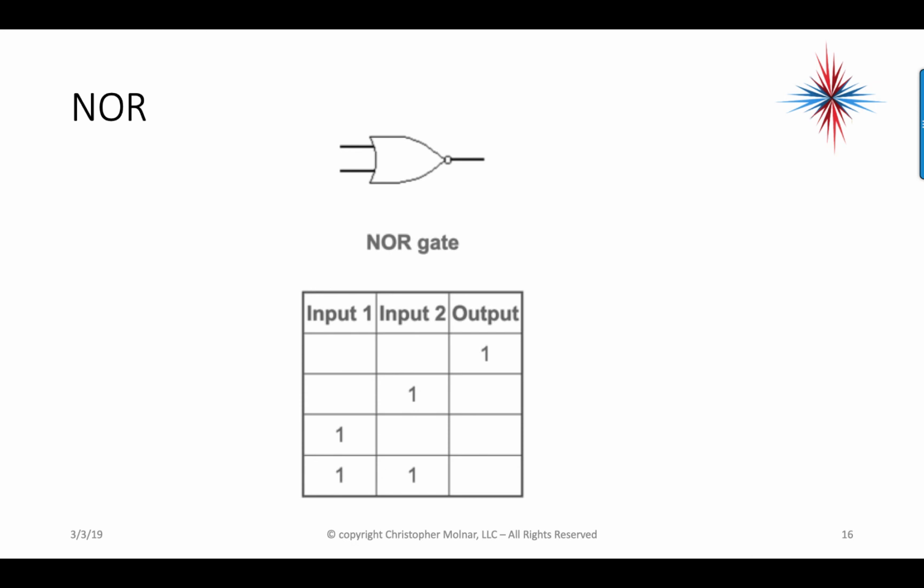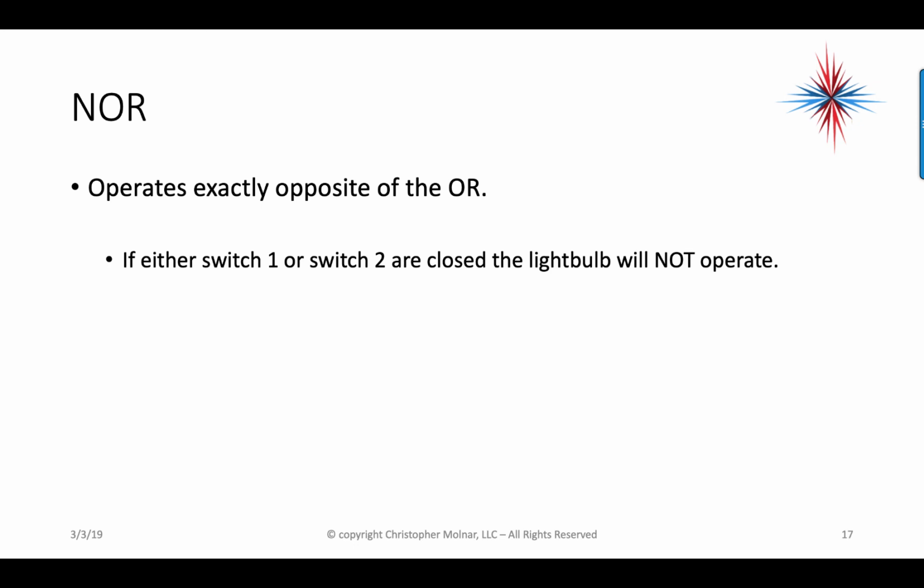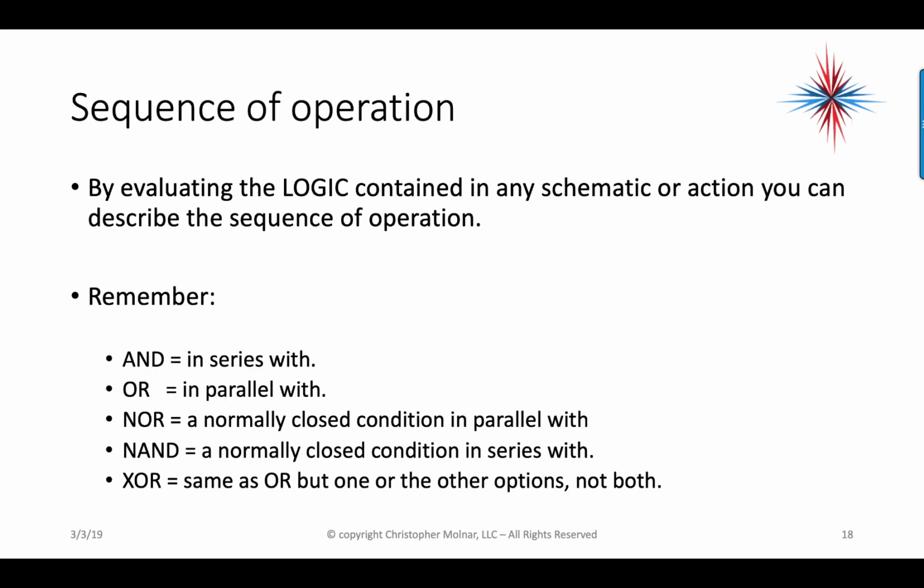For every other condition in this chart, we have an input, so our output is a 0 or false. The NOR operates exactly the opposite of the OR. If either switch 1 or 2 are closed, the light bulb will not operate. That's just putting it into English.